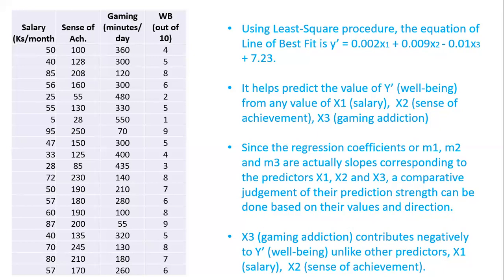We find that it is bringing about 0.01 unit change in the value of y with 1 unit change in gaming addiction. So we find that that is not only high, but also in the negative direction.